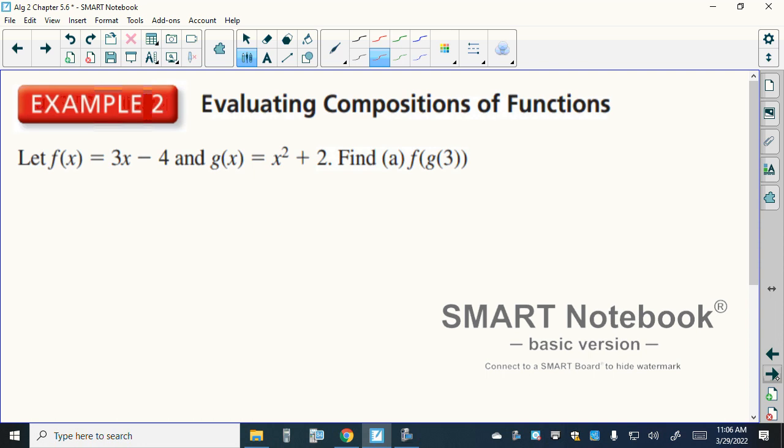Evaluate the composite functions. Now, when we did this with addition, subtraction, multiplication, and division, we figured out what the function was, like we did with the last few, where we found out what f of g of x or g of f of x is, and then plugged the number in.